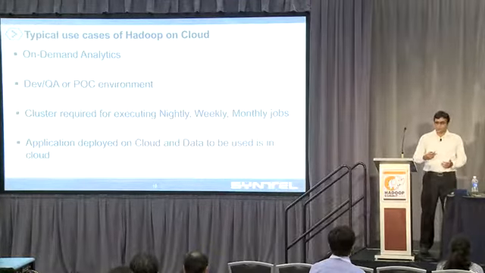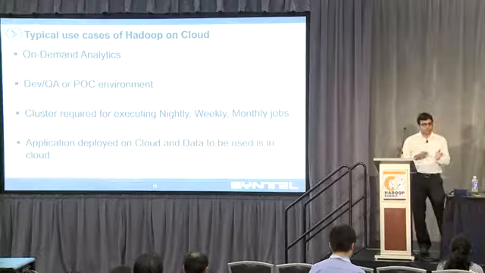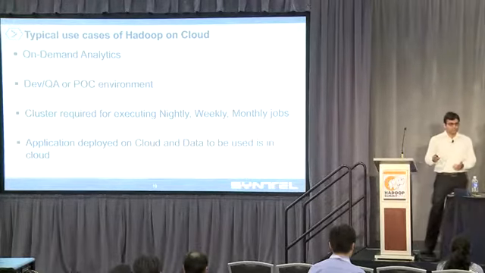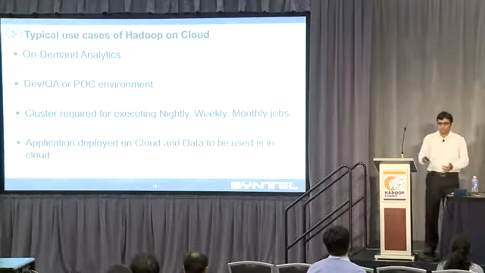Your jobs run frequently, either nightly, weekly, or monthly, and between executions of the job, your resources are underutilized, not utilized at all, right? In those scenarios, it is similar to what the analytical workload is. You can provision a cluster for executing your job, do that, and then tear it down.